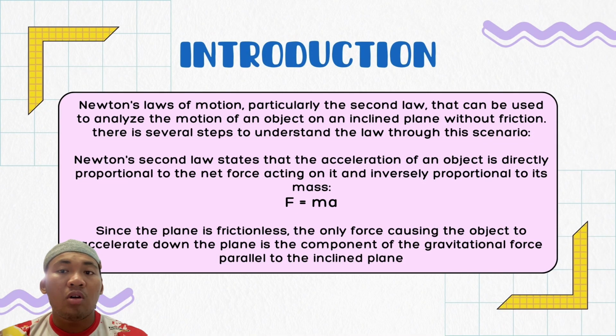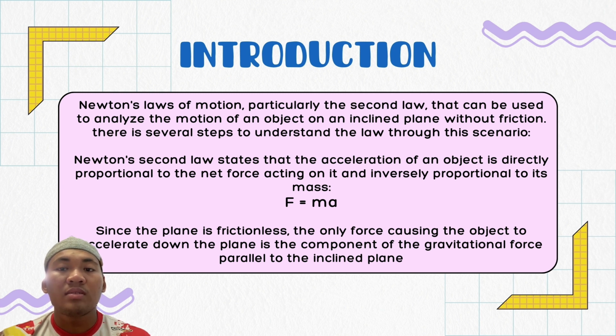Let's go. So, Newton's laws of motion, particularly the second law, can be used to analyze the motion of an object on an inclined plane without friction. There are several steps to understand the law through this scenario.